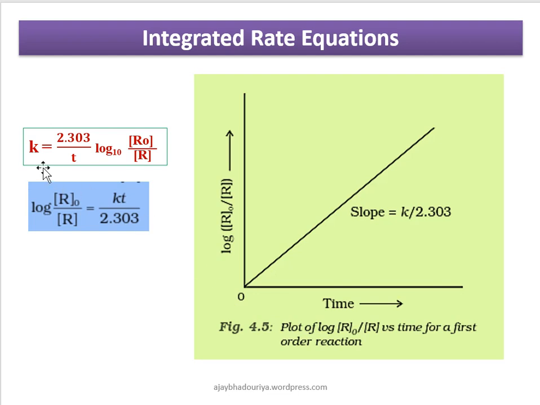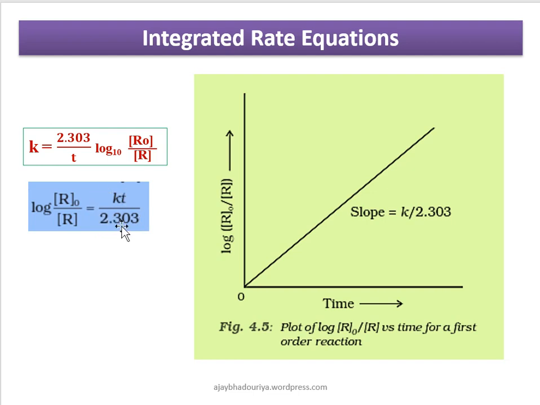K is equal to 2.303 upon t log R0 upon R, or log R0 upon R is equal to Kt upon 2.303.